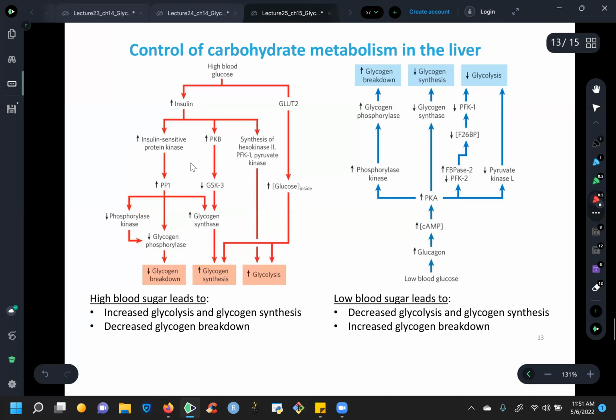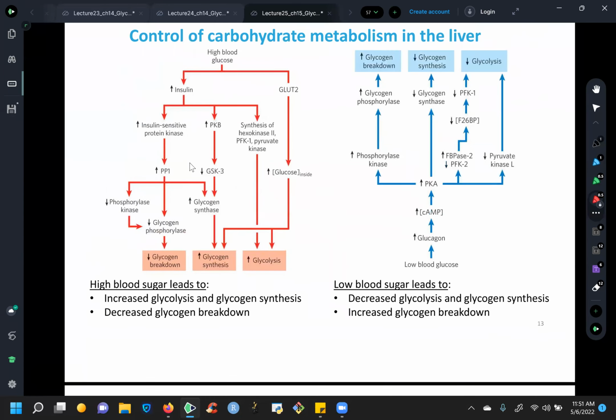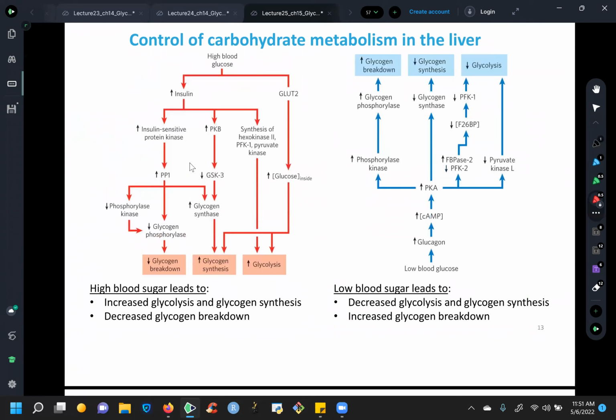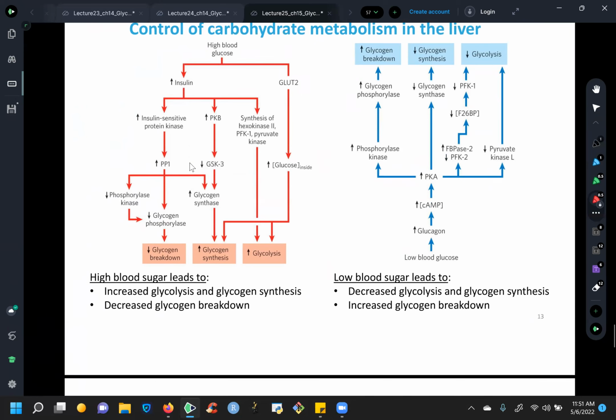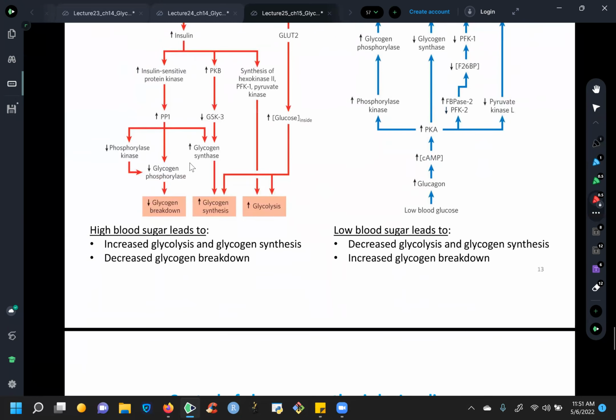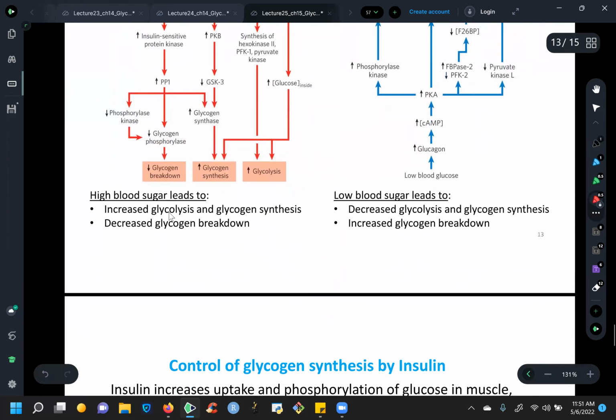So the key here is knowing your enzymes and knowing what function your enzymes have. Once you know that for both gluconeogenesis and glycolysis, you will be able to answer all of these questions, no matter how tricky or hard or complex they are. So high blood sugar leads to increased glycolysis and glycogen synthesis and decreased glycogen breakdown.